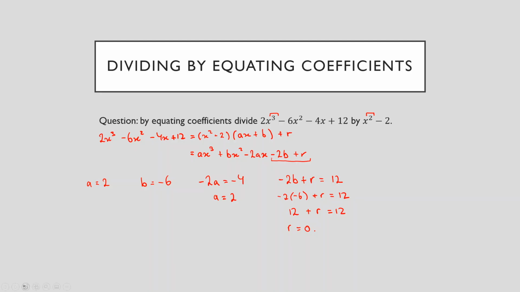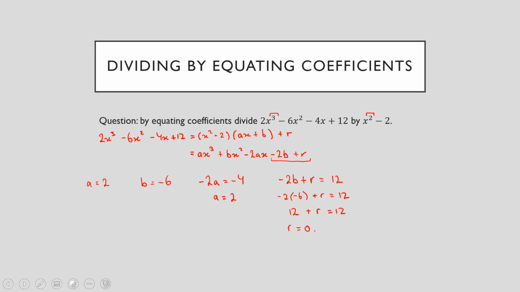Okay, so what we can say is that when we do the division, 2x cubed minus 6x squared minus 4x plus 12 divided by x squared minus 2, we just end up with this linear polynomial with the values of a and b that we found.